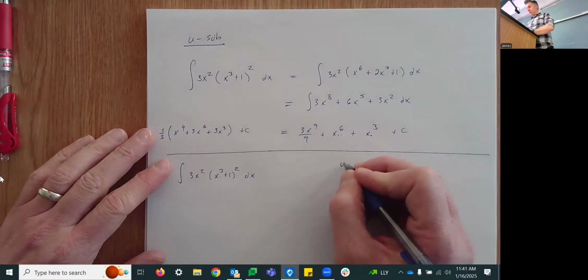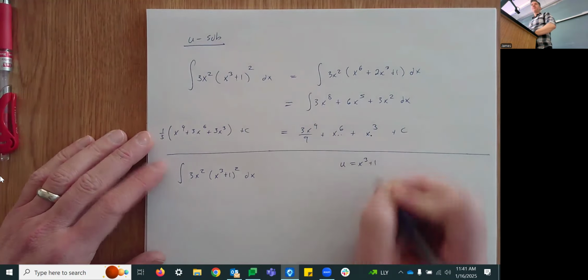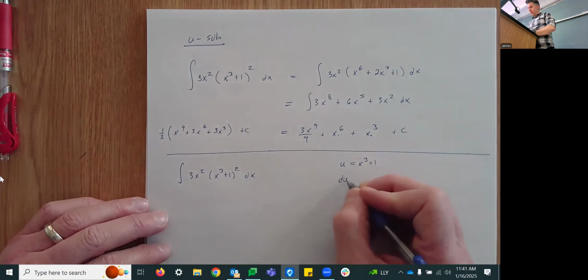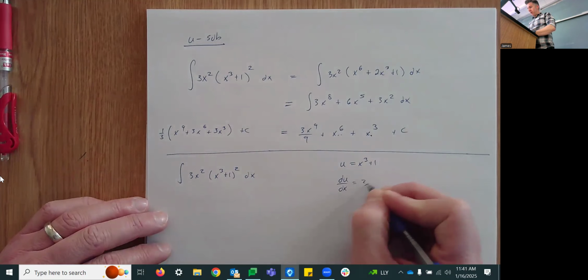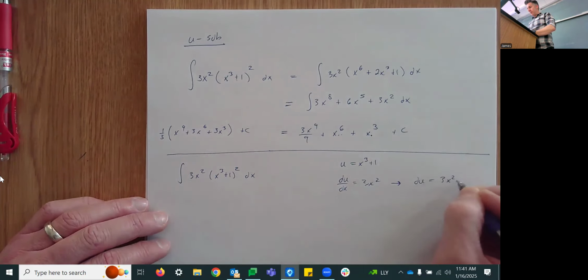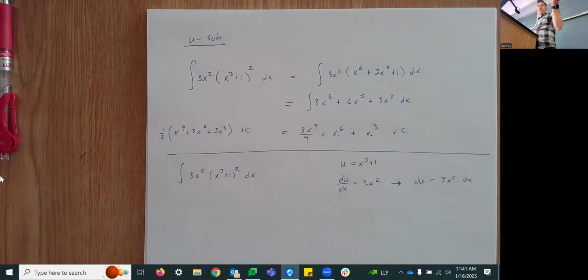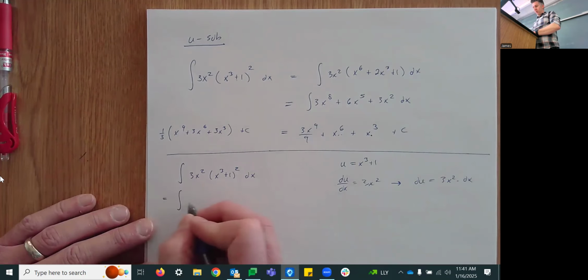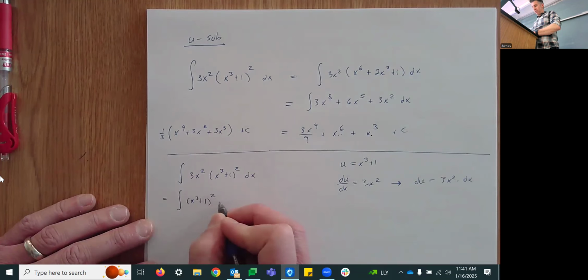So we're going to say that u is equal to x cubed plus 1. And then we're going to find the derivative. Our du dx is equal to 3x squared. So our du is equal to 3x squared times dx, which we happen to have perfectly, which is great. So I'm going to rewrite this just slightly so that things are in order. You don't need to do this at all. I just like to because I find it convenient.